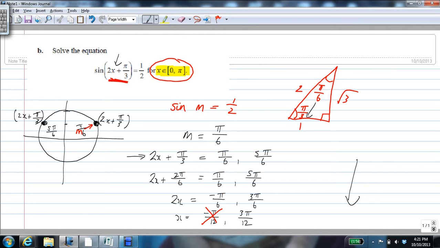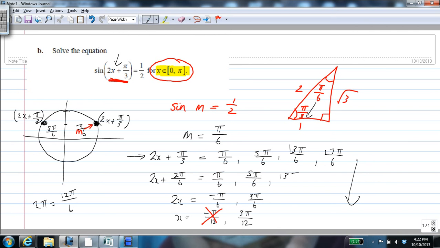So effectively I go to pi on 6 and I add another 2 pi. 2 pi is the same as 12 pi on 6. So this is now 13 pi on 6, so the next solution is 13 pi on 6. And the next solution round is 5 pi on 6 plus another 2 pi, which is going to be 17 pi on 6. So let's work these two through.